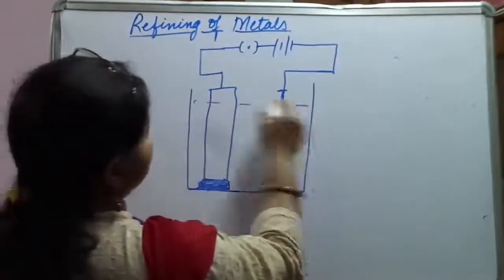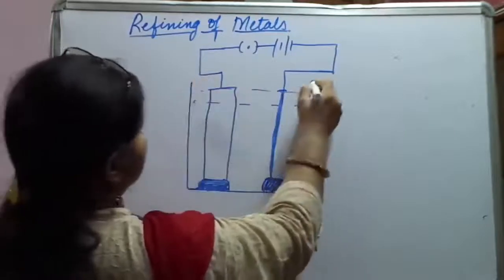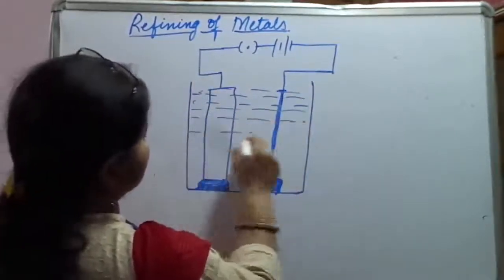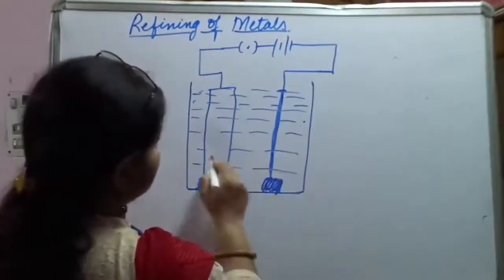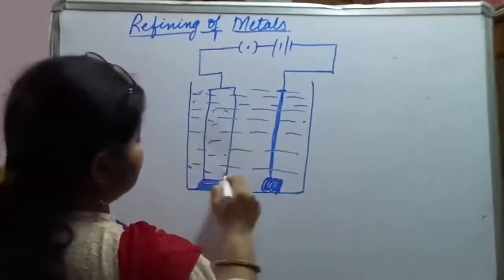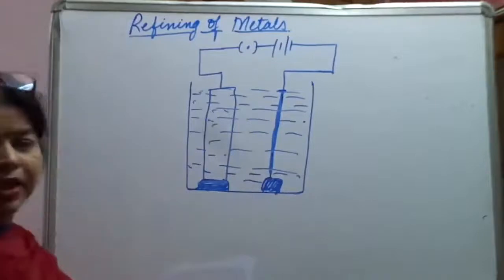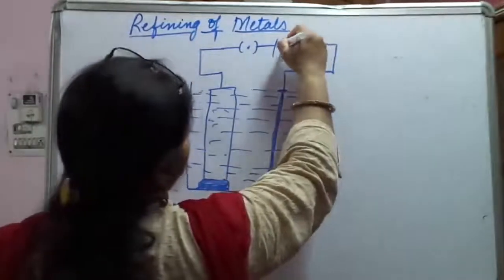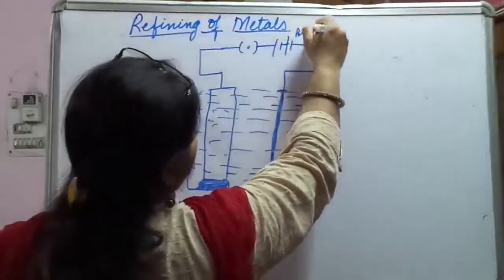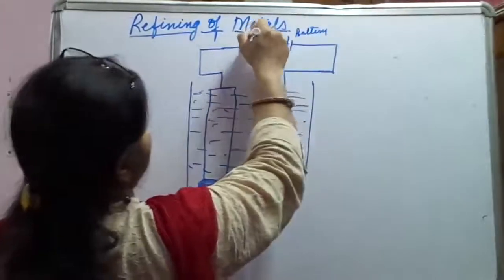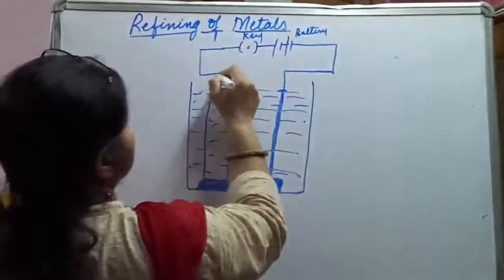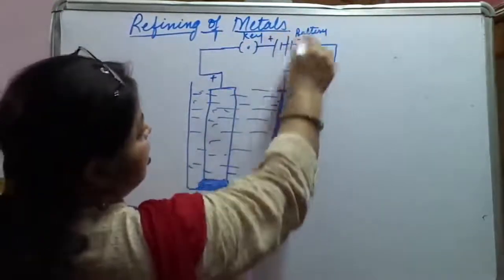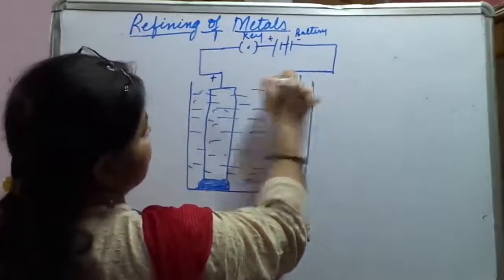And in this we use the electrolytic solution, of the metal that we need to purify. This is our battery and key. This is connected to the positive terminal, and this is connected to the negative terminal.